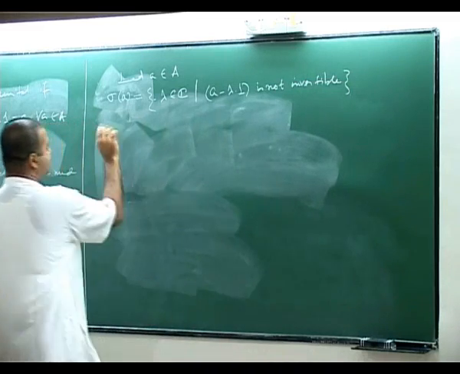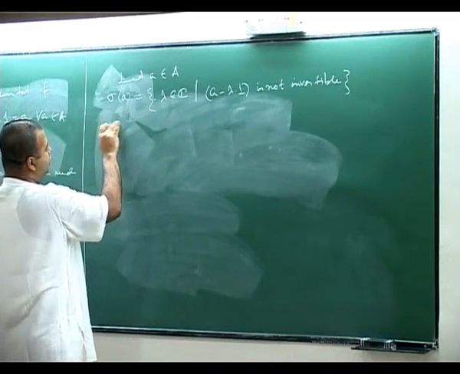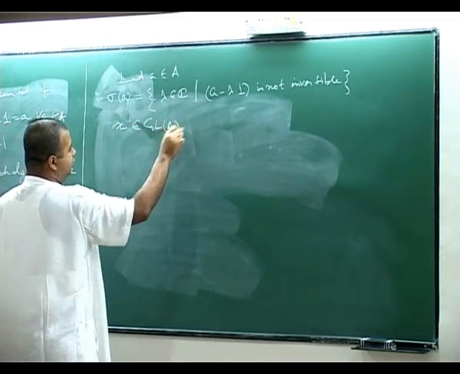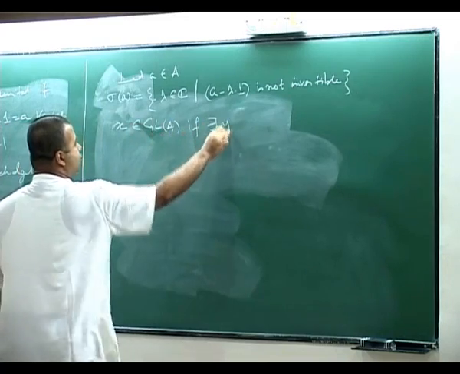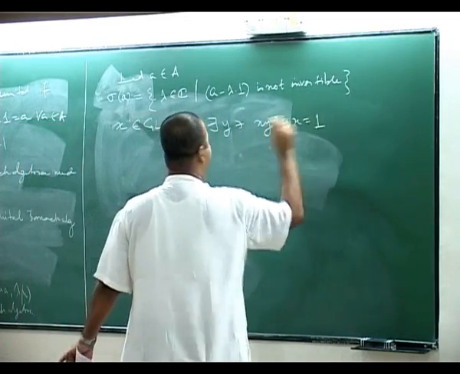So an element X is invertible, of course that is the obvious definition, if there exists y such that xy equal to yx equal to 1.